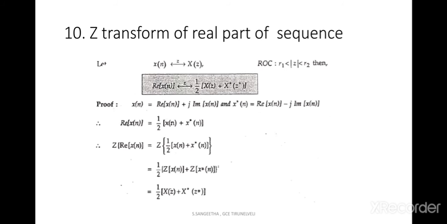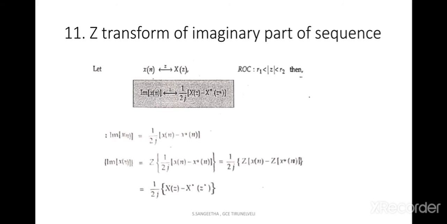By comparing the real part, Re{x(n)} is equal to 1 by 2 [x(n) plus x*(n)]. So the z transform of Re{x(n)} is given by taking the 1 by 2 into the bracket and writing the terms separately. We get 1 by 2 [X(z) plus X*(z*)]. Next, the z transform of the imaginary part of a sequence.